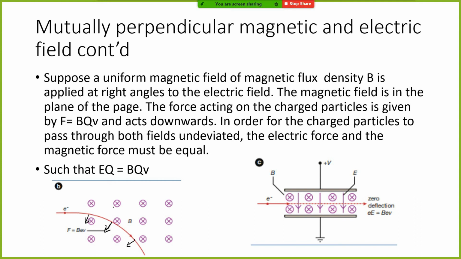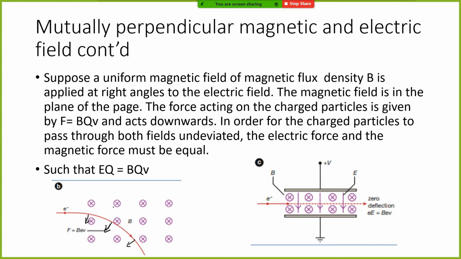But it doesn't happen like that, because you would have to make some adjustments so that the force caused by the magnetic field is equal to the force caused by the electric field. Once those two forces are equal, then the electrons would pass through the plates and the magnetic field without being deviated, which means that it would not go towards any of the plates. So some amount of adjustment would be needed.